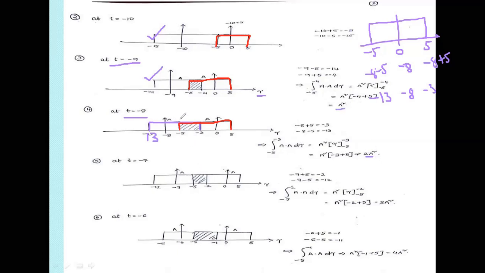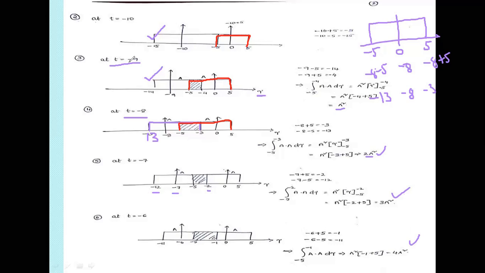Still it moves. So minus 15, minus 14, minus 13, next is minus 12, and minus 8 becomes minus 7 and minus 2. So here 0, minus 4, minus 3, minus 2, and so on, minus 1. Still it is 2A square, 3A square, 4A square. There is no overlapping up to those values.